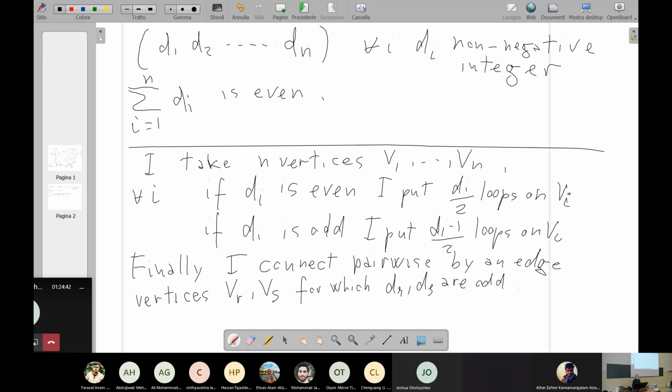Okay, and this is quite a general rule. I can do this final connection just following the row.